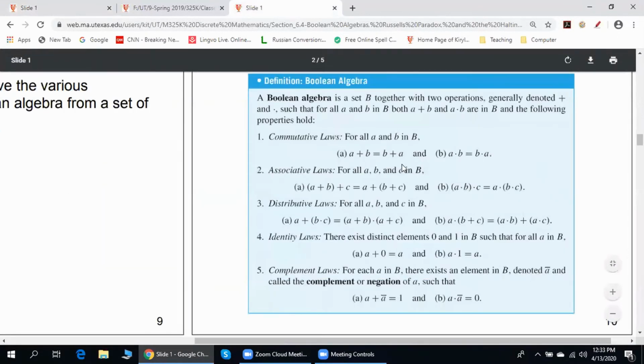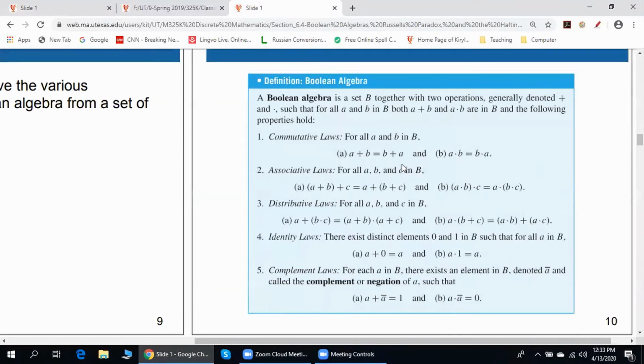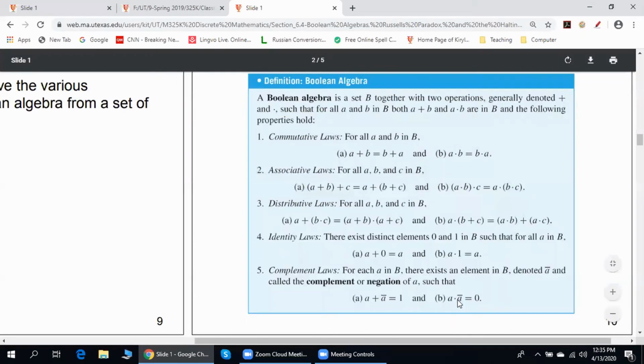Guys, any questions here? Can you give an example of what a complement would be if A is a number? I'm just trying to visualize how A plus A complement is equal to 1, and what 1 means in this case. Depending on the situation, 0, 1 and bar mean different things.